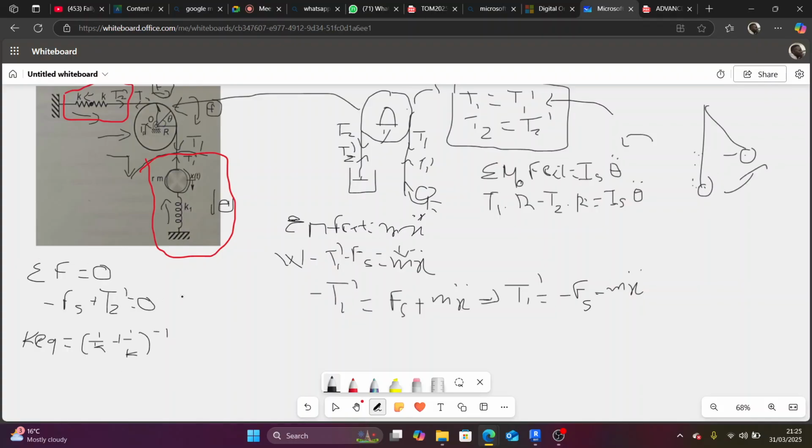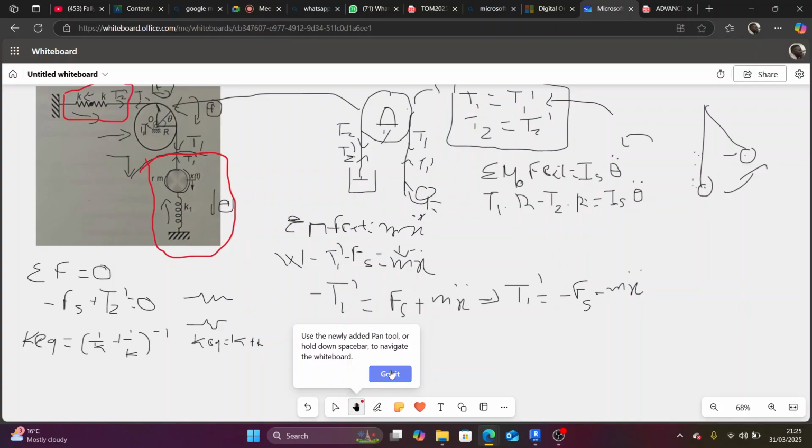When you have two springs in parallel, you add them for k equivalent: k plus k.